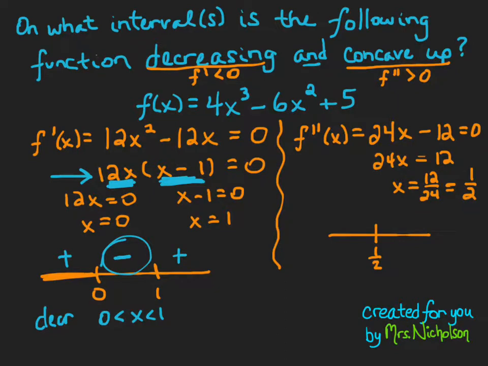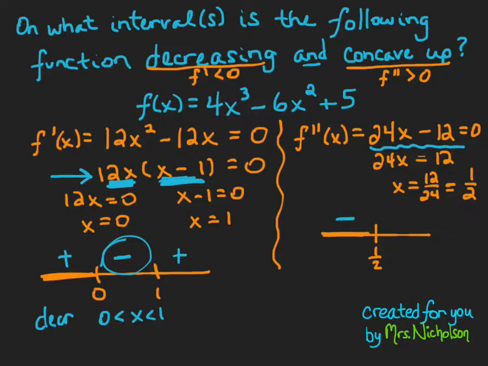So this is a potential inflection point on the graph of my function, but we need to make sure that the sign actually changes. So I'm going to pick a number in this interval less than 1/2, like 0. I always like to use 0 whenever I can. If I plug in 0 for x into my second derivative, I end up with 0 minus 12, which is a negative value.